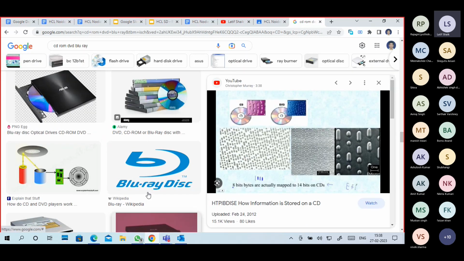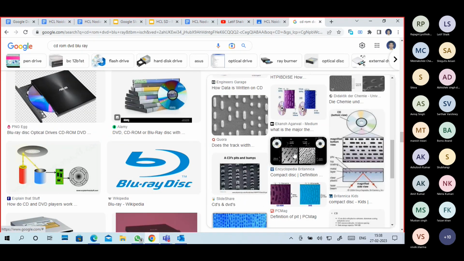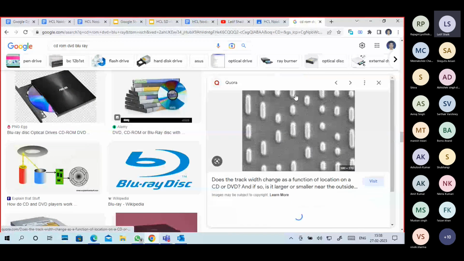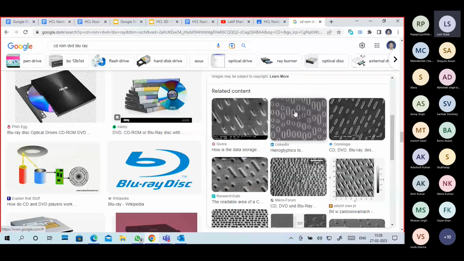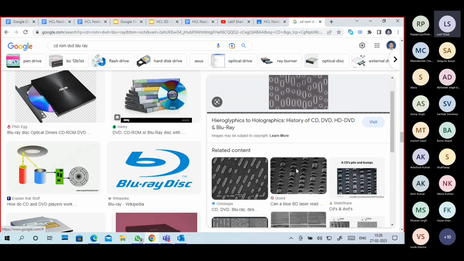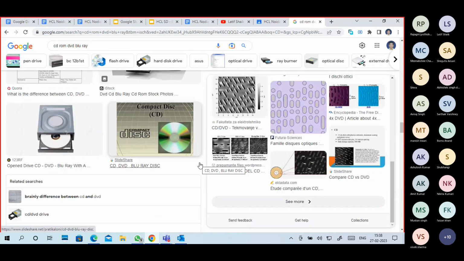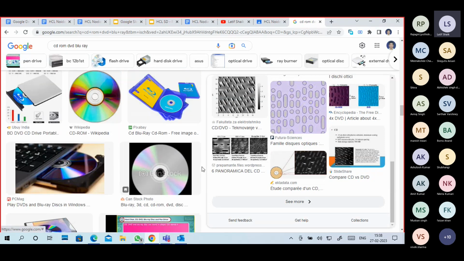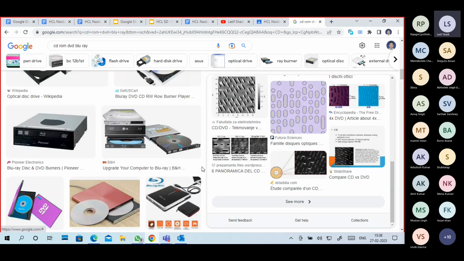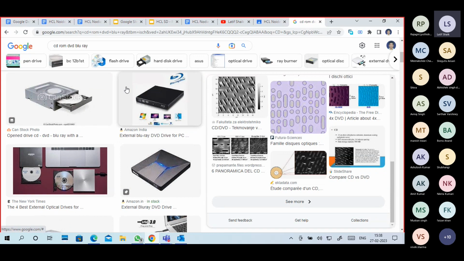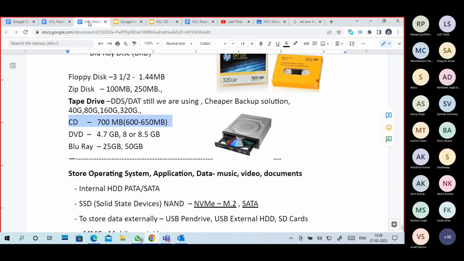The size of the CD, DVD and Blu-ray is the same, but these pits, which actually represent the data, have a higher density in the DVD compared to CD-ROM, and very high in the Blu-ray disc as compared to DVD.